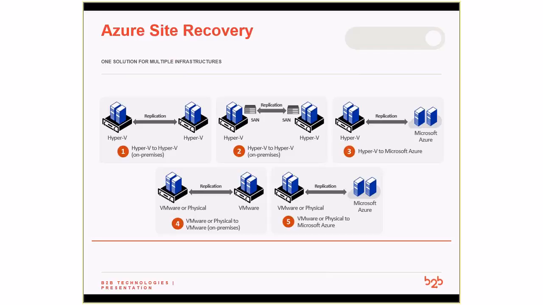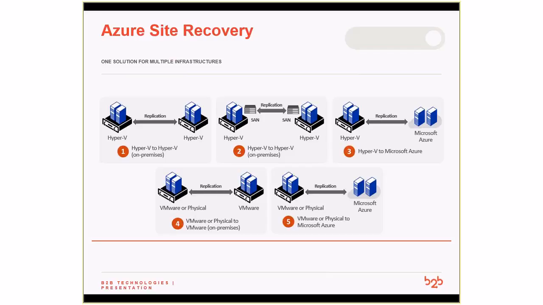So as we just talked about, ASR provides a single solution for protecting as well as recovering heterogeneous environments. They can leverage the public and private infrastructures as recovery targets. So number one, in our scenario here, this includes Hyper-V to Hyper-V on-premise. That's going to leverage Hyper-V replication for the replication mechanism.